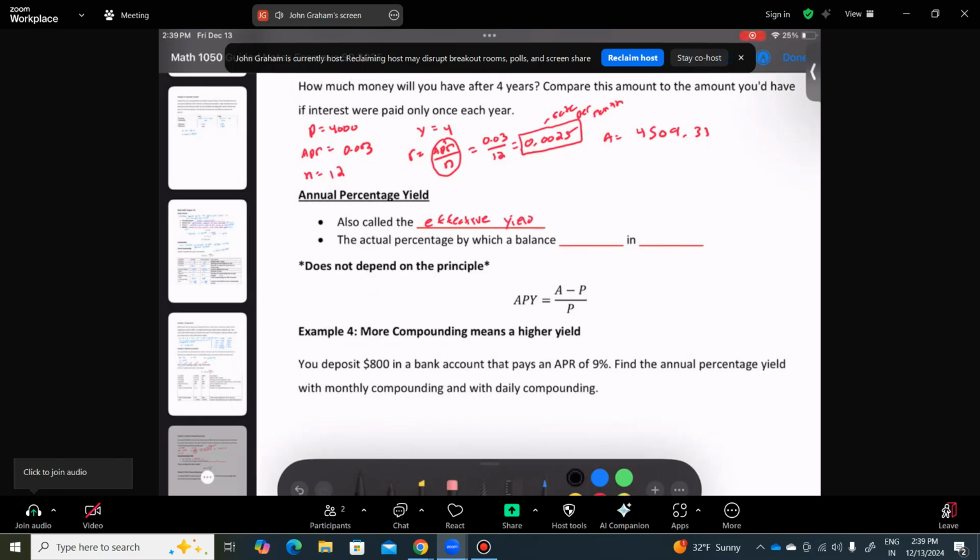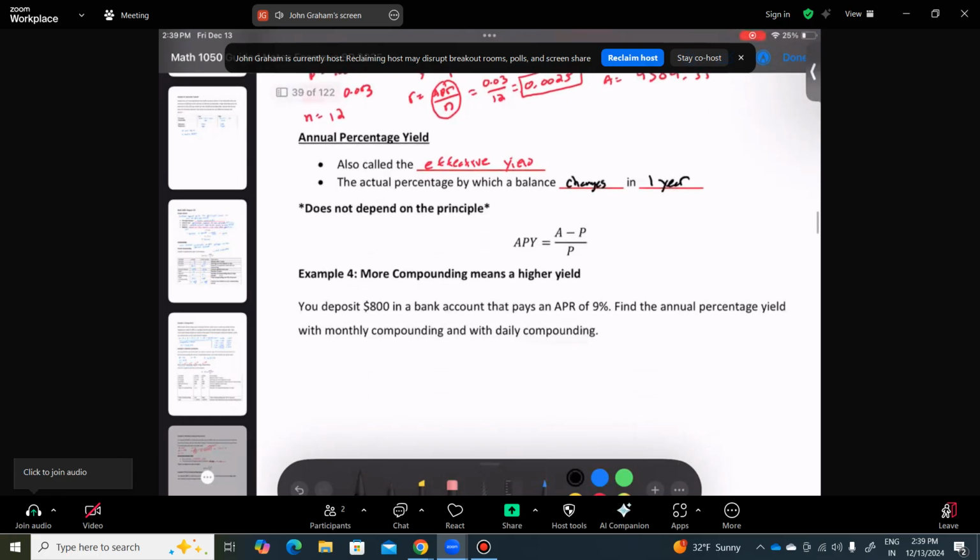And what this is looking at is the percentage by which the balance changes in 1 year. Think of this as the average change. And your APY, your annual percentage yield, is the amount minus the principal divided by the principal.